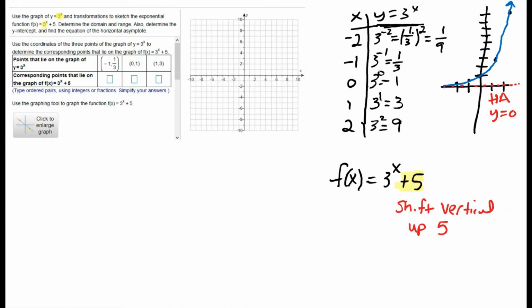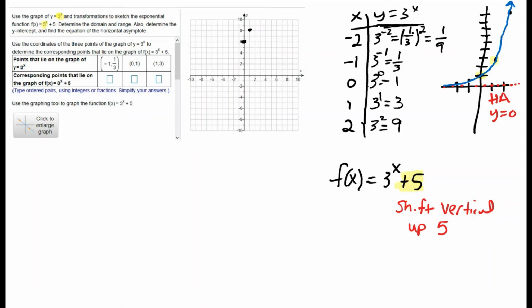So instead of crossing at 0, 1, we're going to shift that up 5 to being at 6. This point right here, which is 1, 3, will go up 5 to be at 8. 1, 8. Sorry, is that right? 3 plus 5 is 8. Yeah.